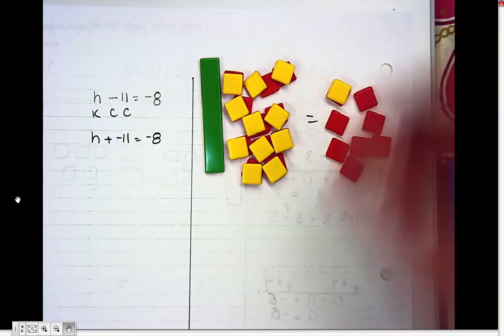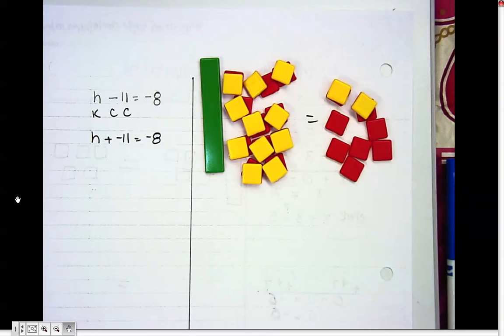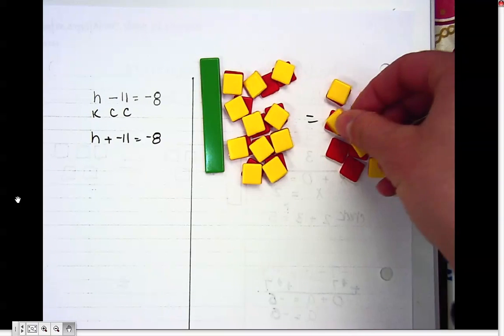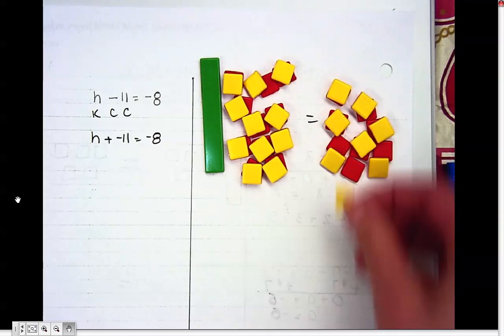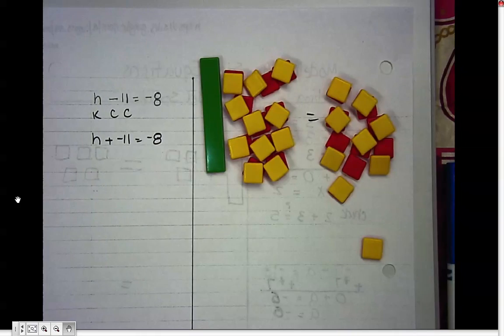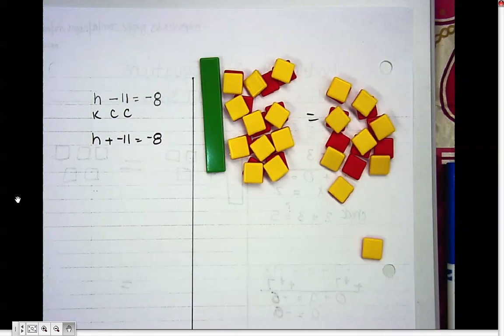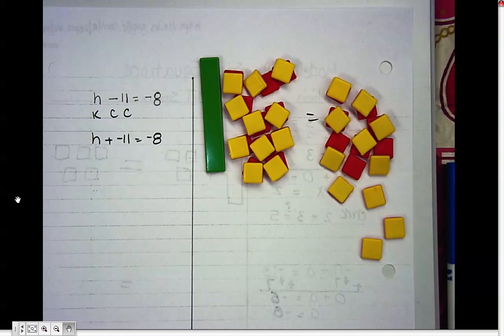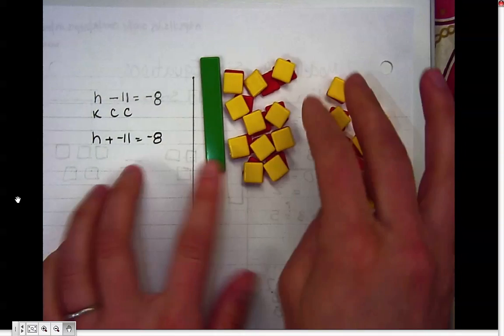So 1, 2, 3, 4, 5, 6, 7, 8, 9, and let me just grab a couple more pieces. 9, 10, and 11.